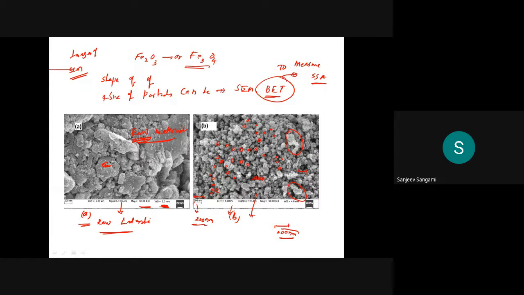Just imagine it is nanometers. In a 200 nanometer stretch you can find 4 to 5 particles. It means that if you divide it by 5, you will get roughly around 40 nanometers.